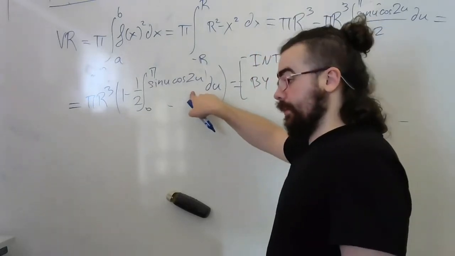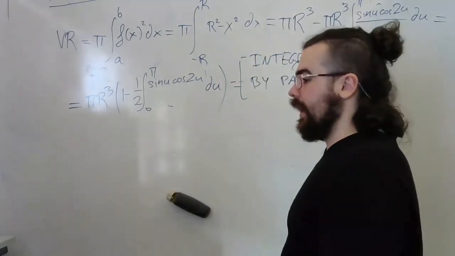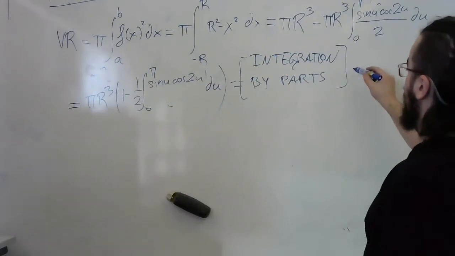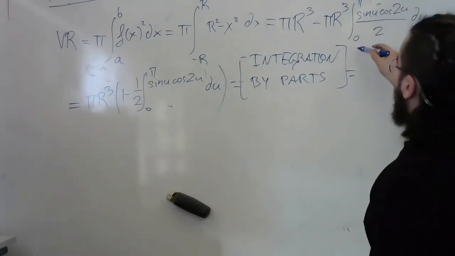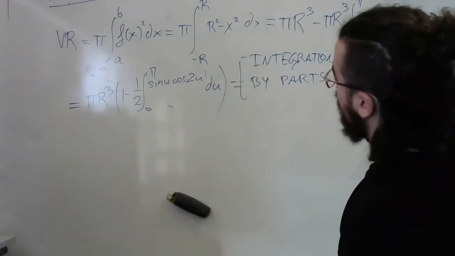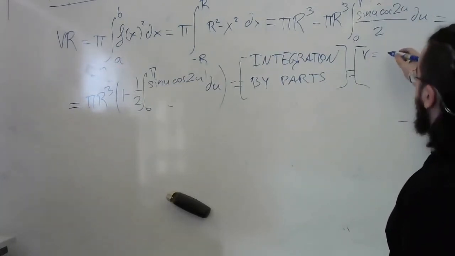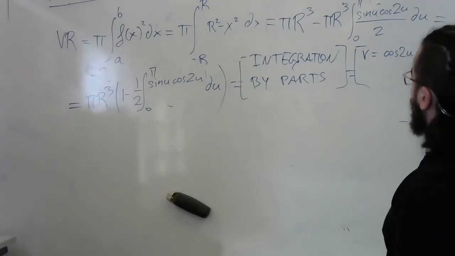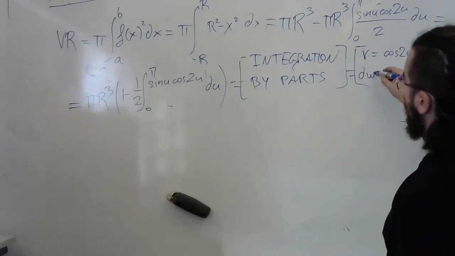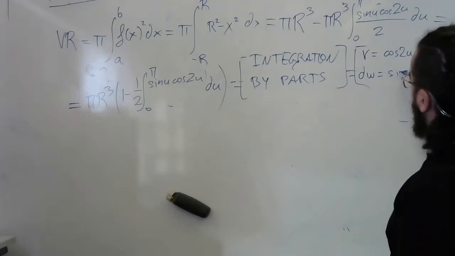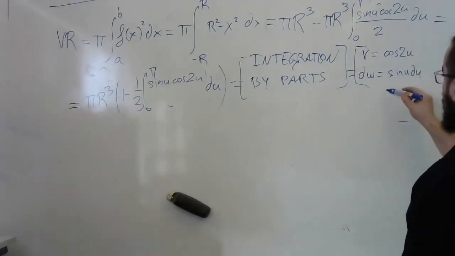What I want to do here is to express this function in terms of simpler trigonometric functions. In our case, we have to pick up two variables, one which is v, namely cosine of 2u, and this thing right here.